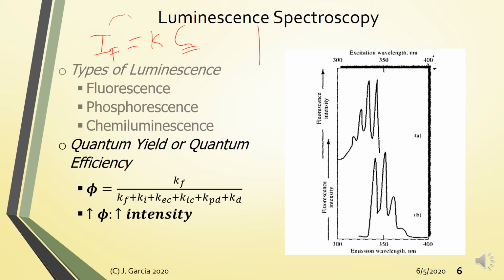That's why if you plot analyte concentration versus fluorescence intensity, it will be linear. The proportionality constant contains the quantum yield. In analogy, quantum yield is analogous to your molar absorptivity. If molar absorptivity describes how well the molecule absorbs radiation, then quantum yield describes how well your molecule emits radiation after relaxation.